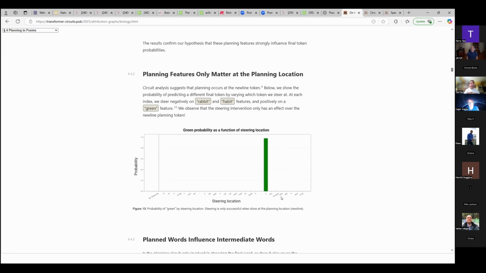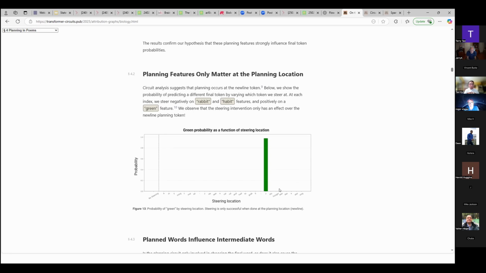You can see very clearly there that it was not propagated here, but at "his hunger was like a starving," attention went back, presumably looked for the previous new line character and grabbed rabbit, habit, or green off of that residual stream and copied it forward to the current token position at some early middle layer, so that the rest of the LLM's higher layers could calculate what's a good semantic completion that rhymes with whatever.